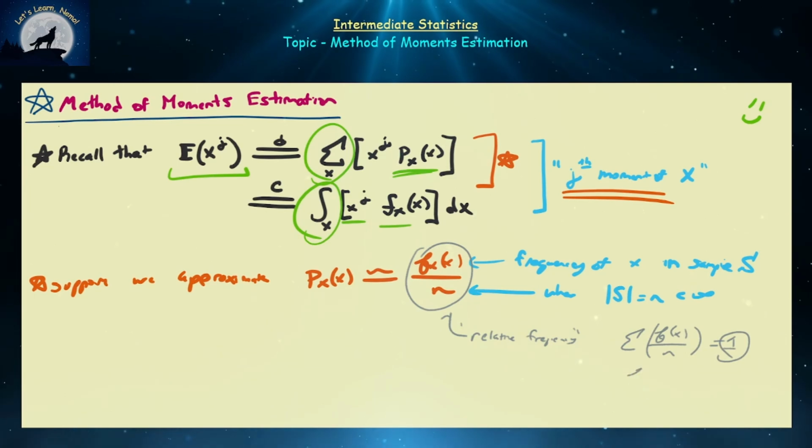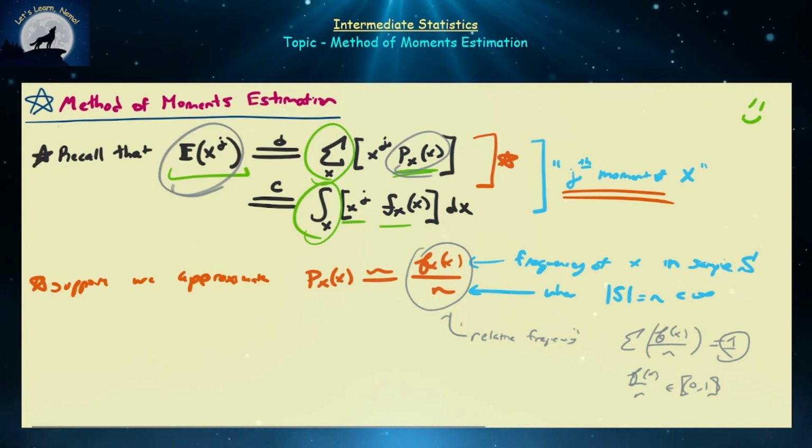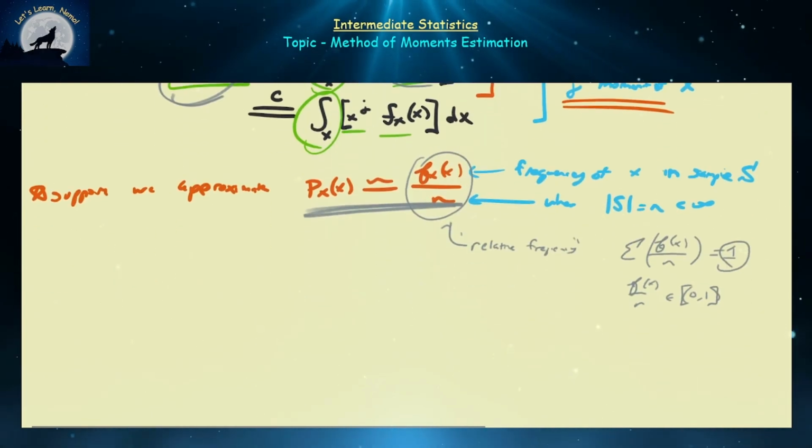And the frequency divided by n is always between 0 and 1, similar to the properties of a probability mass function p_X of x, which makes it a suitable candidate for its approximation. So now we want to approximate the jth moment of x with something that resembles this particular structure.